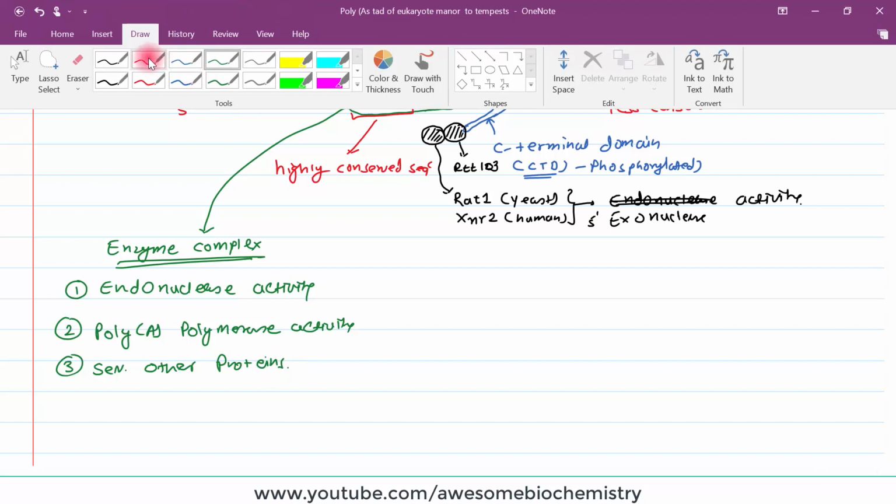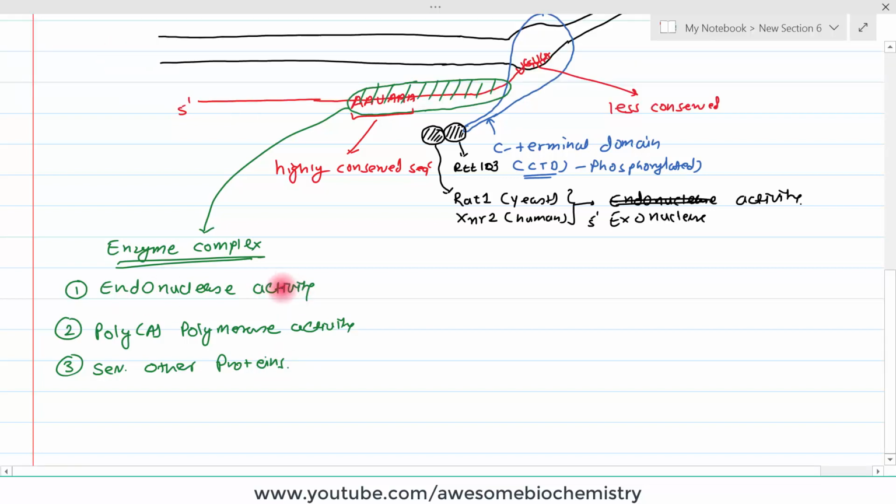So now once this enzyme complex is bound with this portion of the RNA and RNA polymerase, what will it do? First, it will carry out its endonuclease activity. It will put a cut on this newly synthesized RNA on this side. Now this is not an arbitrary or random location.